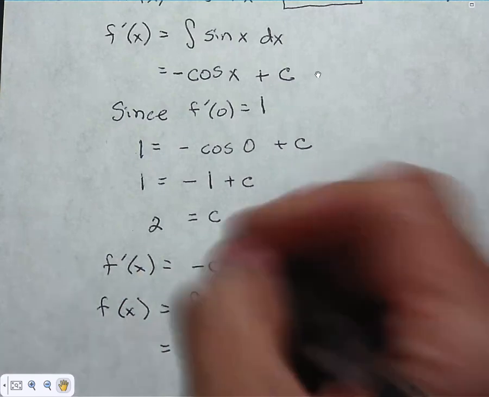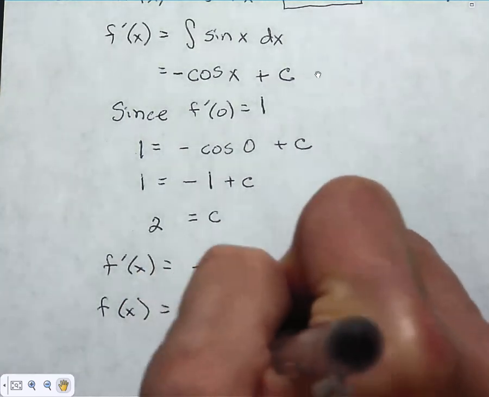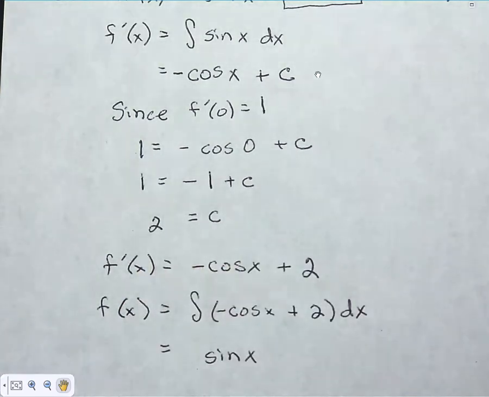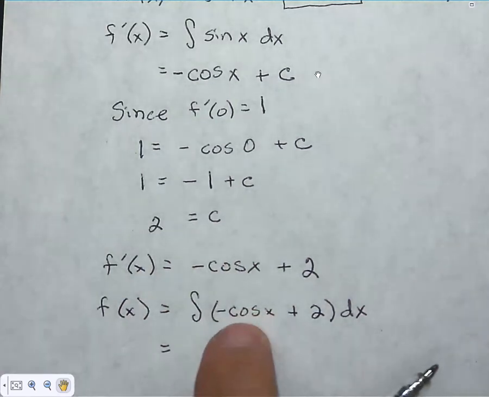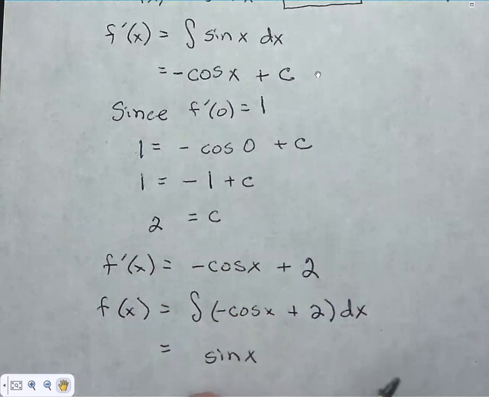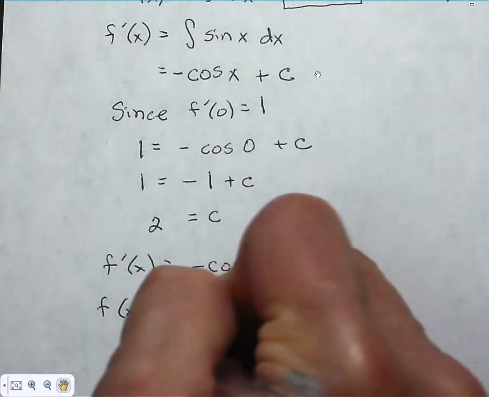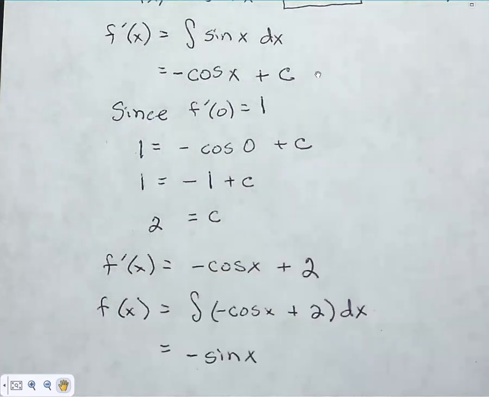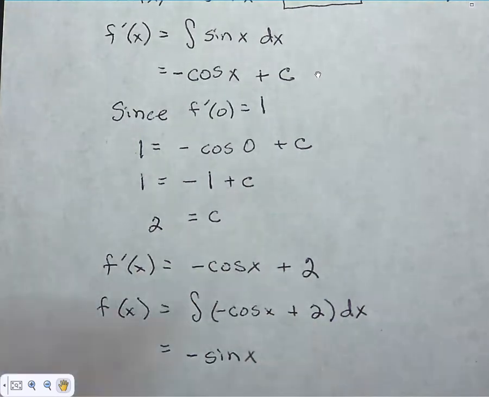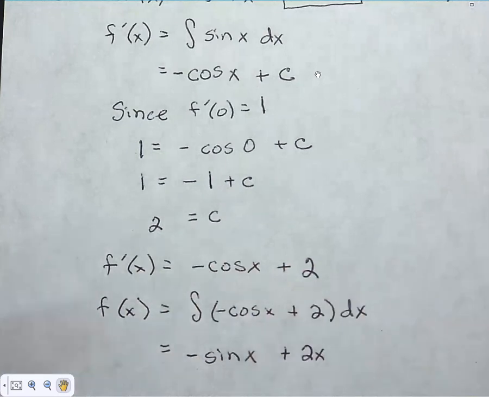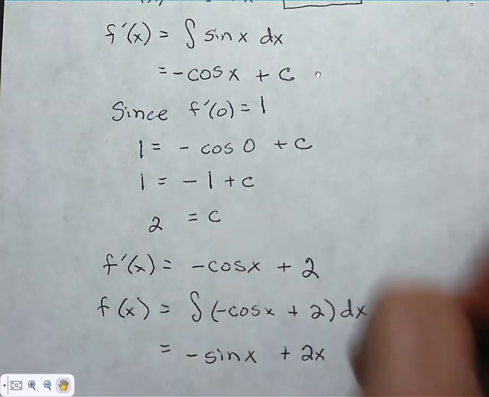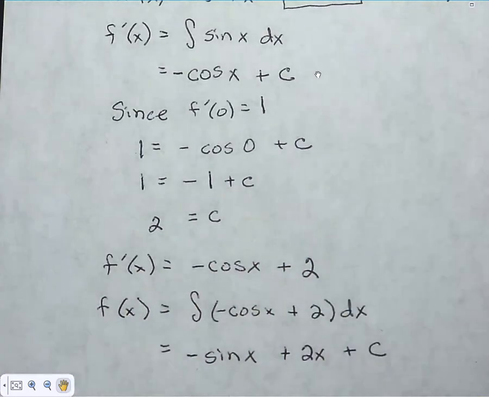If you're not sure, just put down what you think it is and then check your answer. The derivative of sine x isn't negative cosine x, so when I anti-differentiate negative cosine x, I'd have to get negative sine x. And what's the antiderivative of 2? 2x plus a constant for that whole family of antiderivatives.